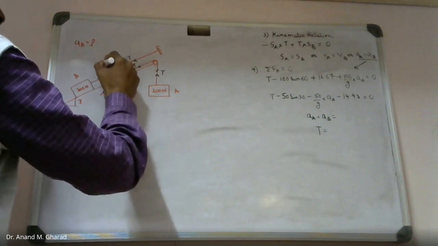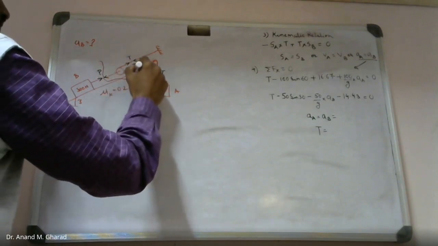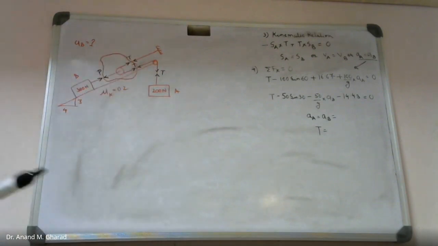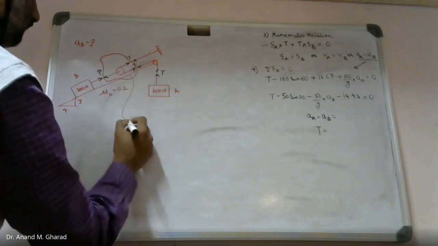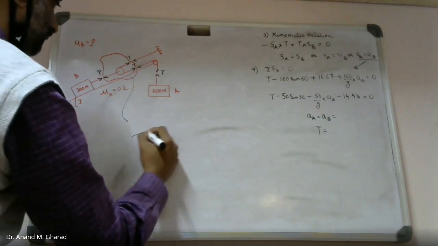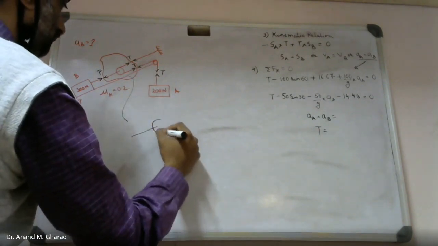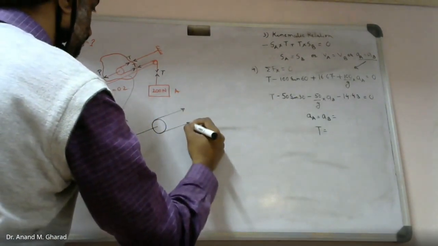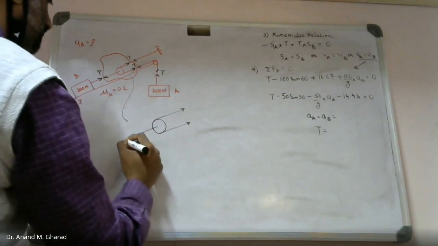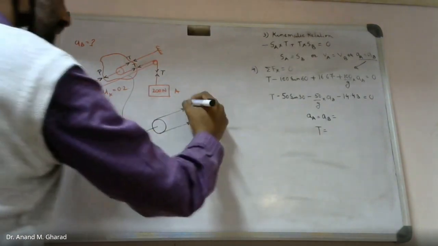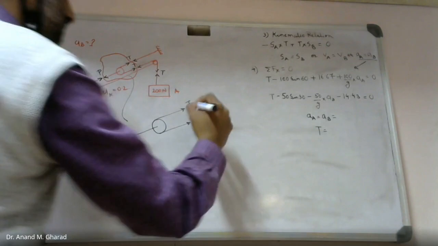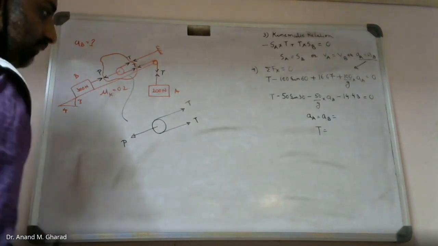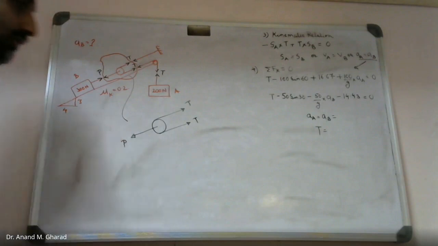I will consider the free body diagram of this stuff only. I will redraw. This will be like this. Okay, this will be like this. So this magnitude is T, this is T, and this is T. Okay. From here, what do you think should be the value of P?